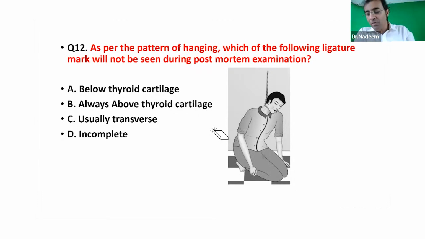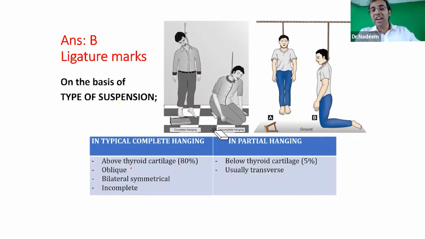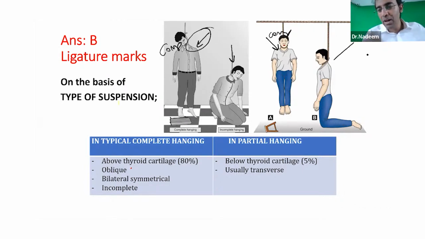When any part of the body touches the ground, that is partial hanging. This one is complete. This one is incomplete, or you can say partial hanging.